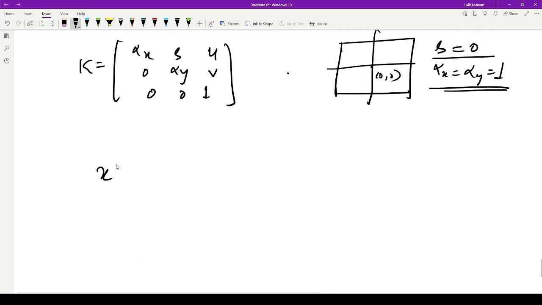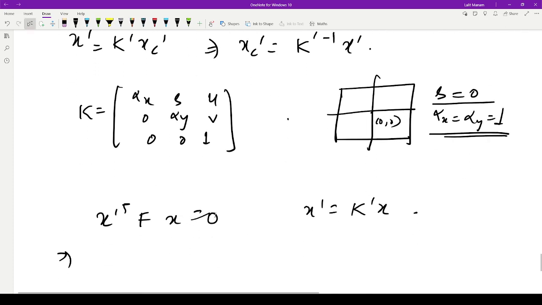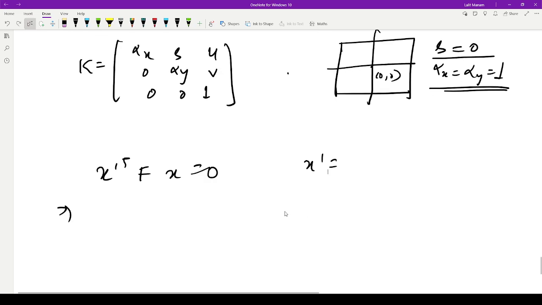So I'll try to derive that. X prime transpose F x equals 0. So we know that x prime is K prime x c prime, and x is K x c. That's what we wrote earlier.